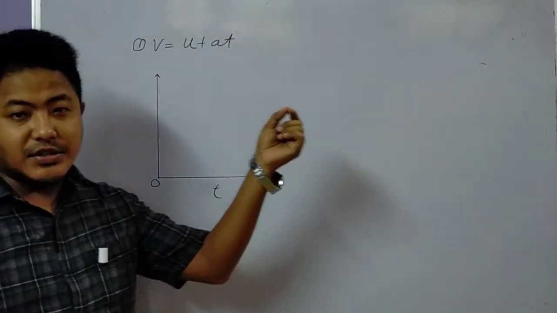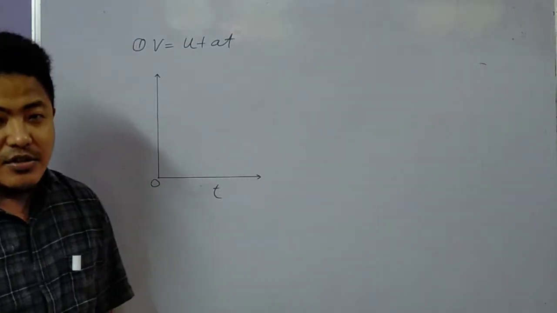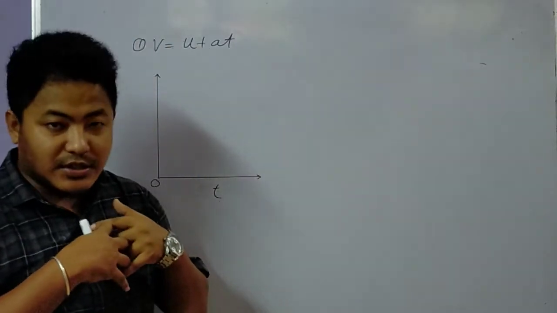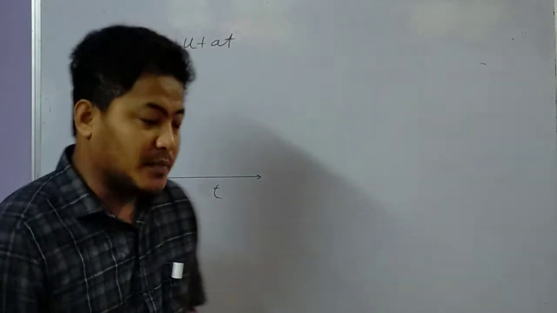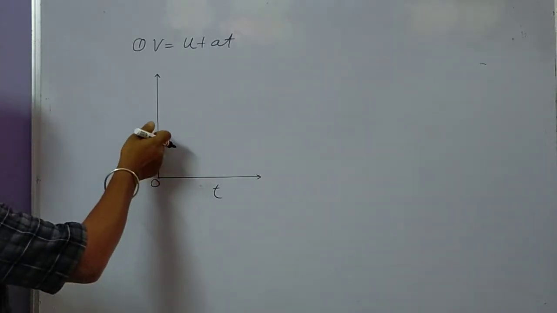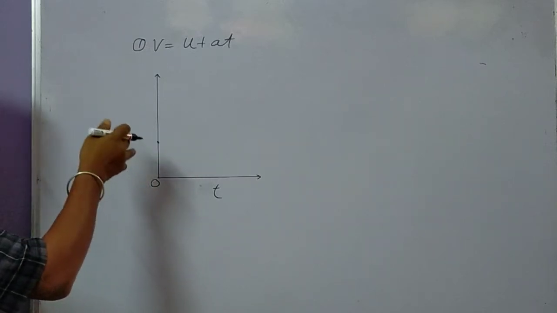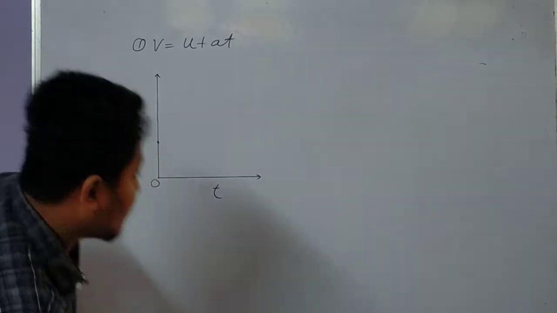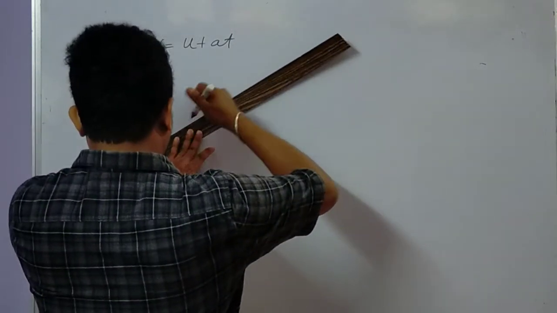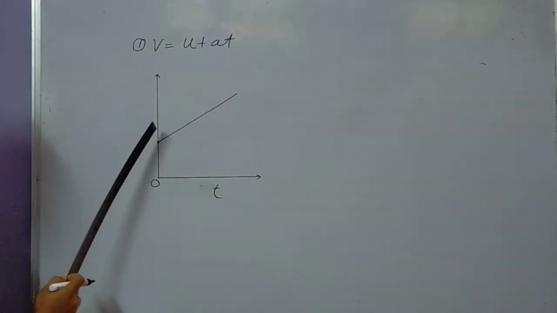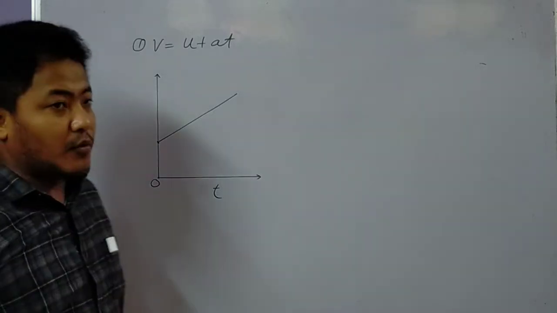But this time we will not consider initial velocity to be 0. We'll consider that the initial velocity of this body is not 0. That means if you start somewhere from here, what does it mean? That means the initial velocity of the body is not 0. Am I clear? So if I draw from here, the graph will look like that. Do you remember that? This was the graphical representation of a body in uniform acceleration.